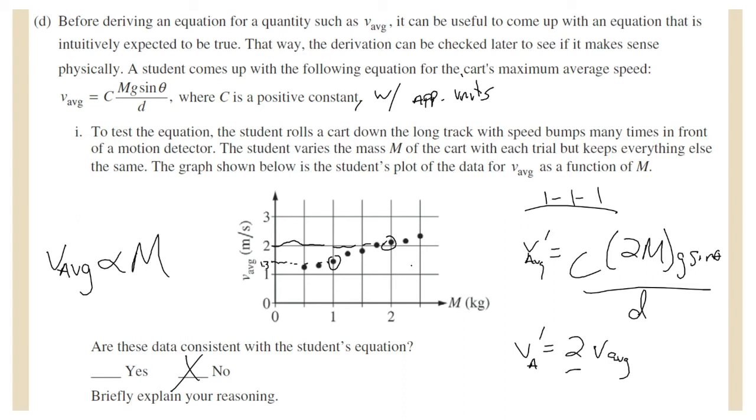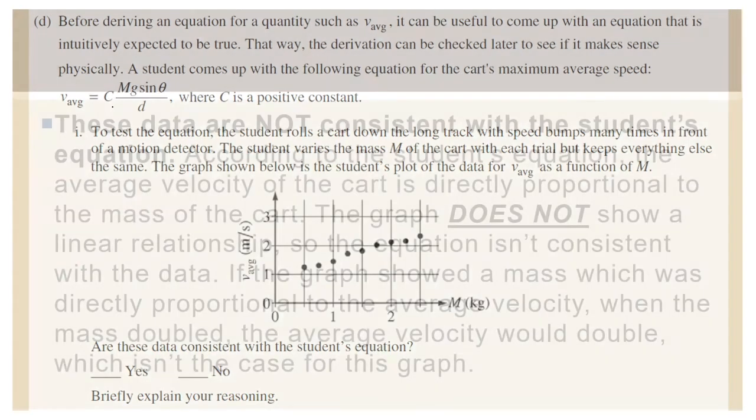That's the problem. While it does show as the mass increases, the average velocity increases, it is not increasing in the way that is suggested by the equation. That's a really important thing to realize here. When variables are truly directly proportional like this, a 1-to-1 relationship, it's in the numerator, it's not squared, there are no other numbers attached to it. When that mass doubles, the average velocity should double, and this graph is not showing that.